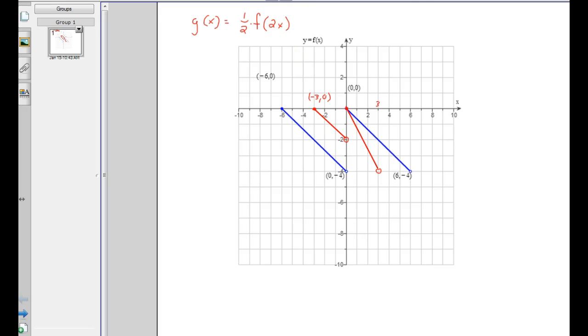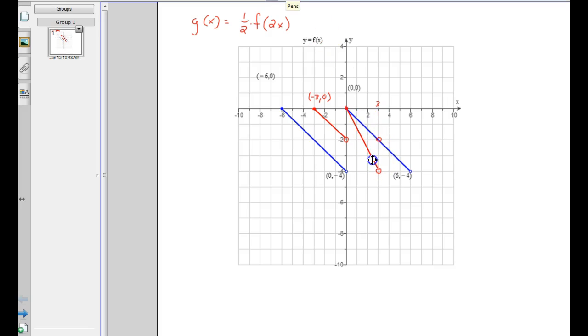Same thing's going to happen down here. At this point right here that's now at 3, -4, the -4 is going to get cut in half again by this 1/2. The y-coordinate is now being cut in half, so we're going to end up with an open dot right there.